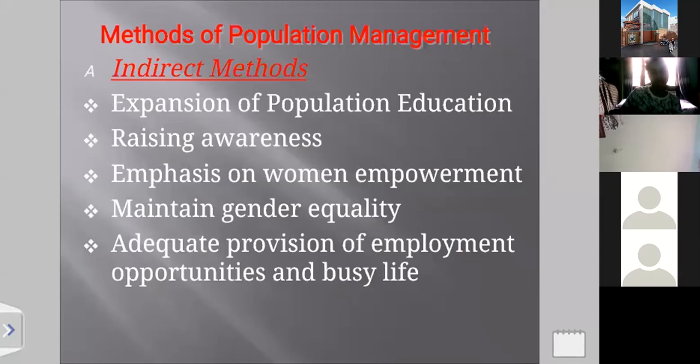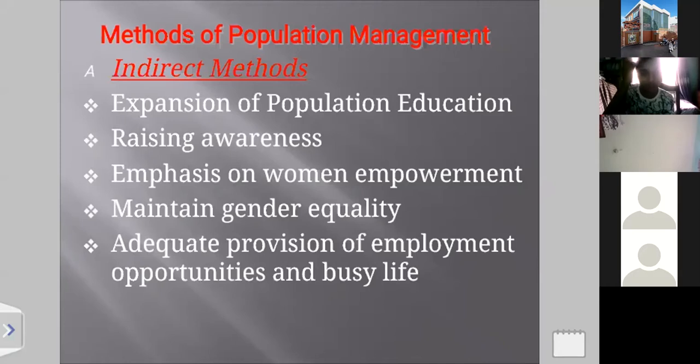Okay, my dear students, Ellis Acharya shared his view on the first indirect method of population management, expansion of population education. Population education is a continuous educational process that provides knowledge about how to manage the population and how to reduce the population growth rate.